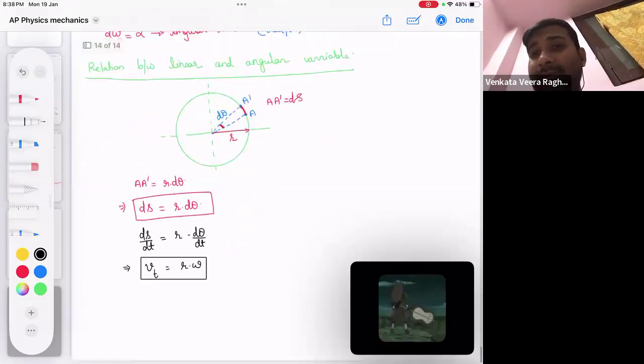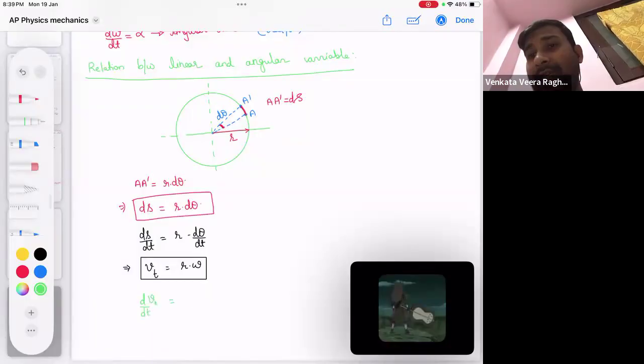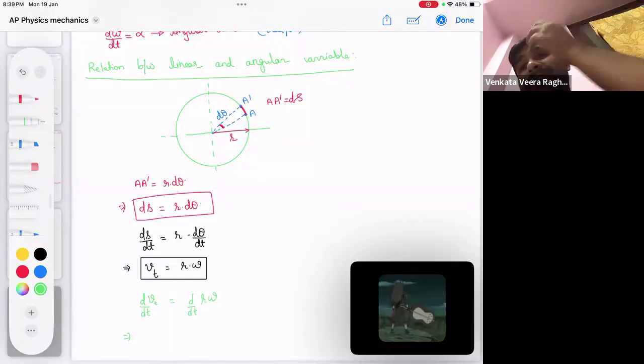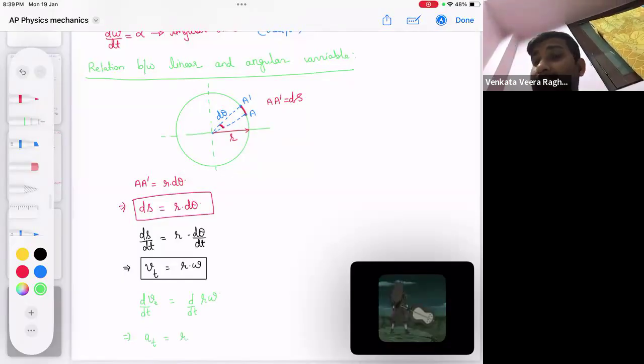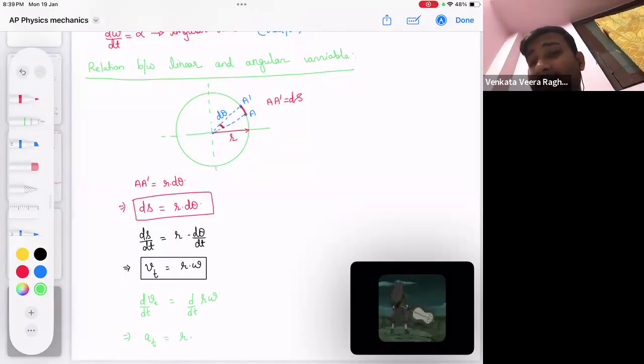Can we differentiate one more time? d by dt of this tangential velocity, d by dt of r into omega. d by dt of tangential velocity will become the tangential acceleration. Radius of the circle is constant, and d omega by dt is alpha.